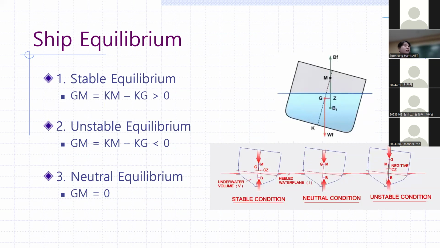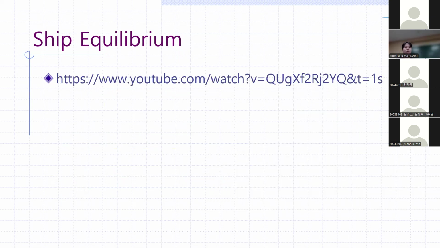If the ship is in stable equilibrium, the metacentric height will be a positive value, and if the ship is unstable, the metacentric height is negative, and if the ship is in a neutral state, the metacentric height is zero.